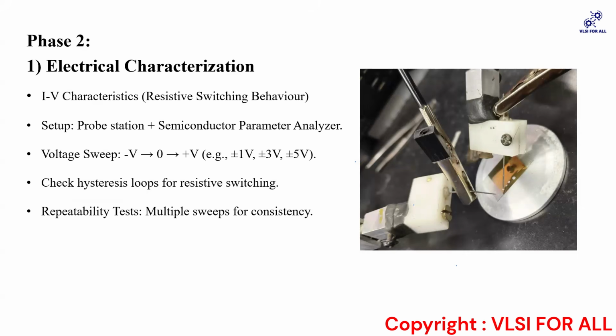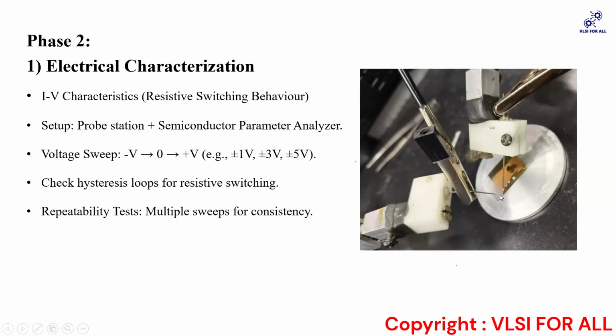Like this connection, as you can see in this figure. There are the top electrodes and the bottom electrodes. The bottom electrode is ITO-coated PET, and the top electrode is silver paste. In between there is a layer of barium hexaferrite material.